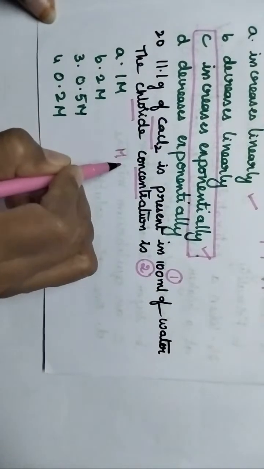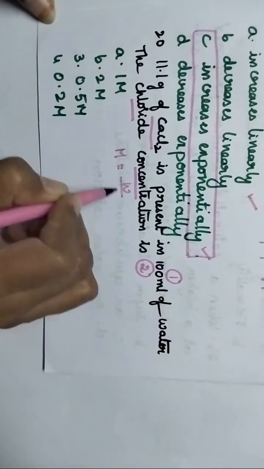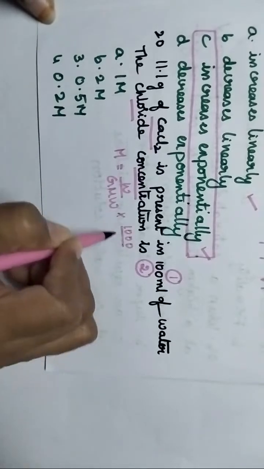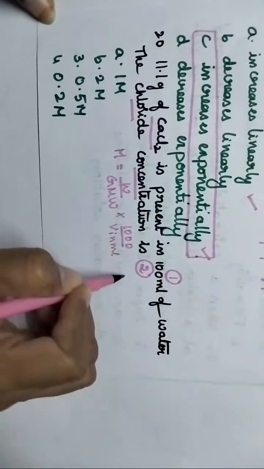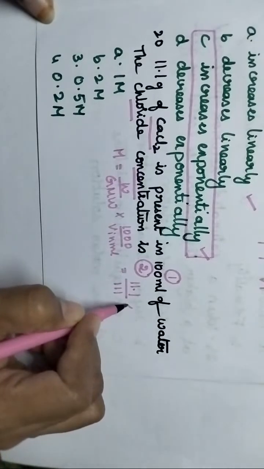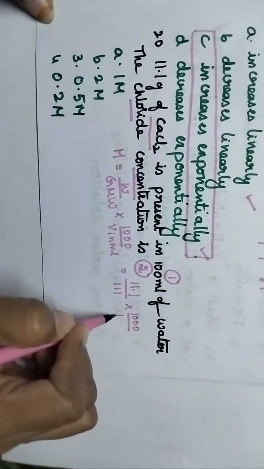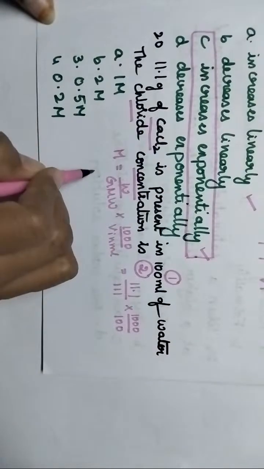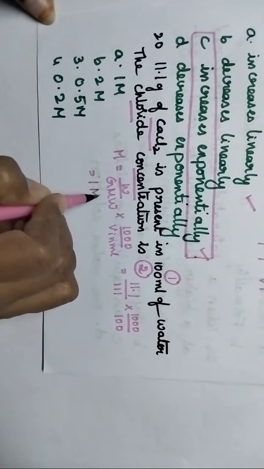Now tell me, what is the expression for calculating molarity? Weight by gram molecular weight into 1000 by V in ml. Substitute 11.1 divided by 111 into 1000 divided by 100. Here the molarity of the solution is 1 molar and you are supposed to calculate the chloride concentration.